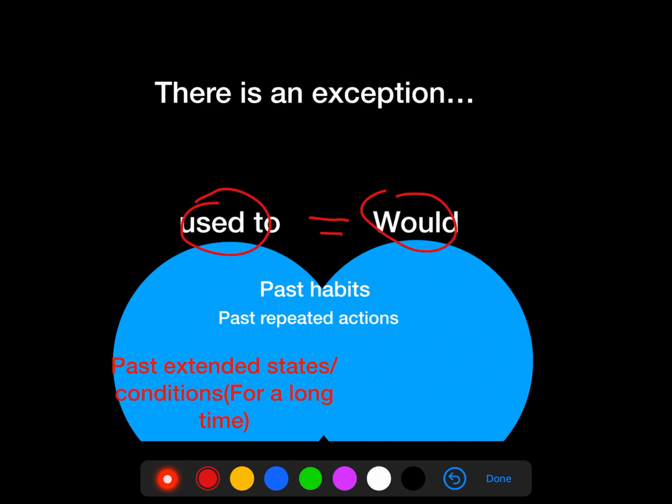You can use used to or would, and you can talk about past habits and past repeated actions with would. You can do it, but there is an exception. When it comes to past extended states or conditions, talking about something itself, talking about yourself or something just itself, you cannot use would.